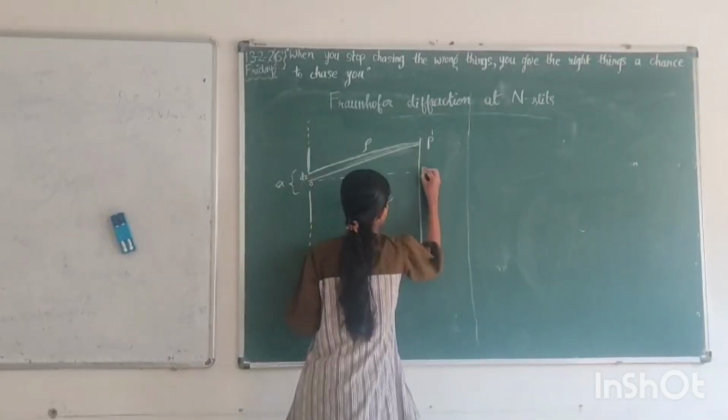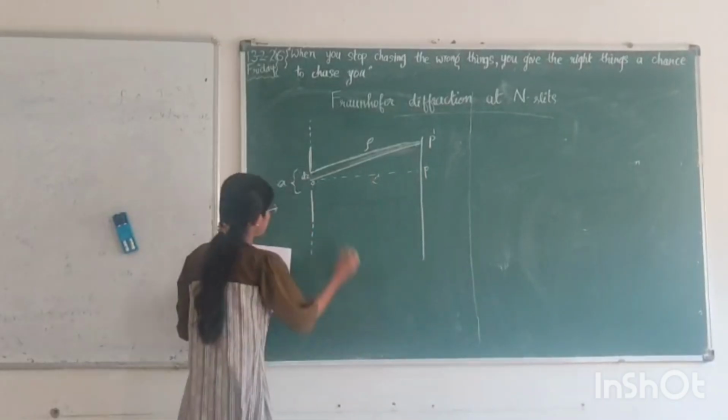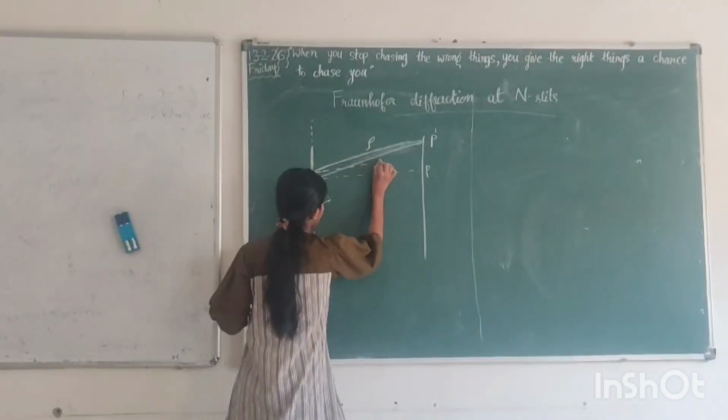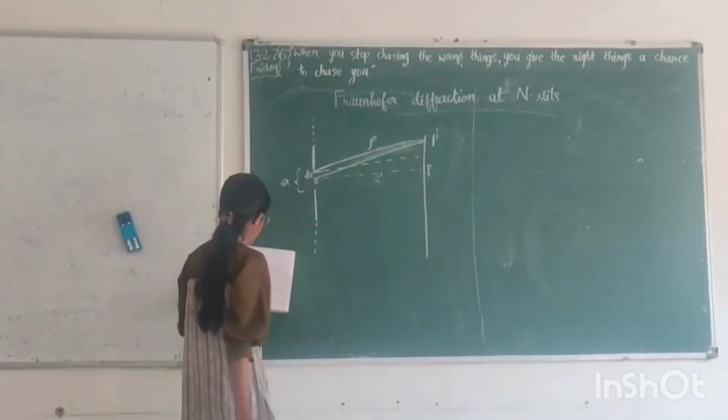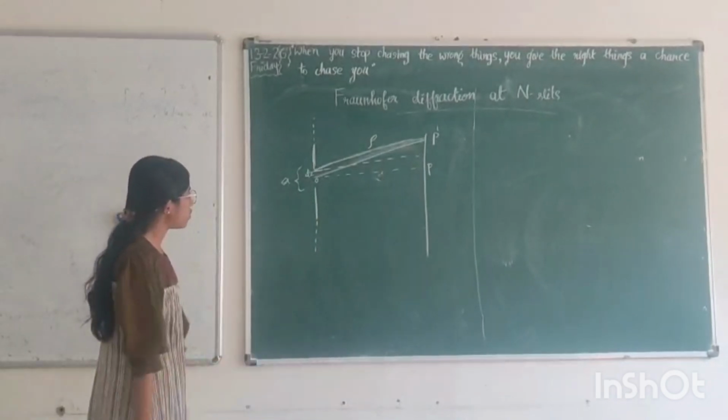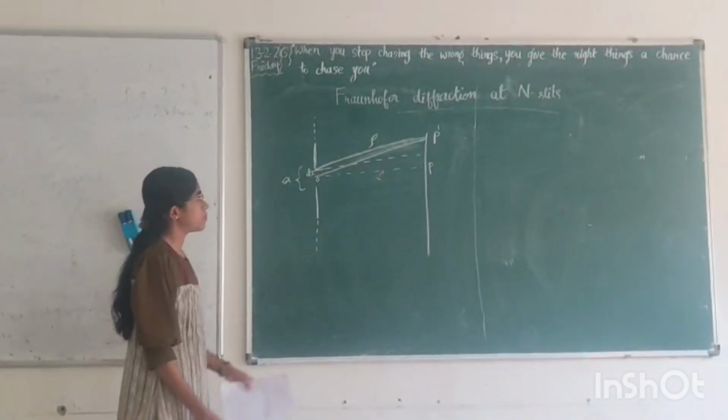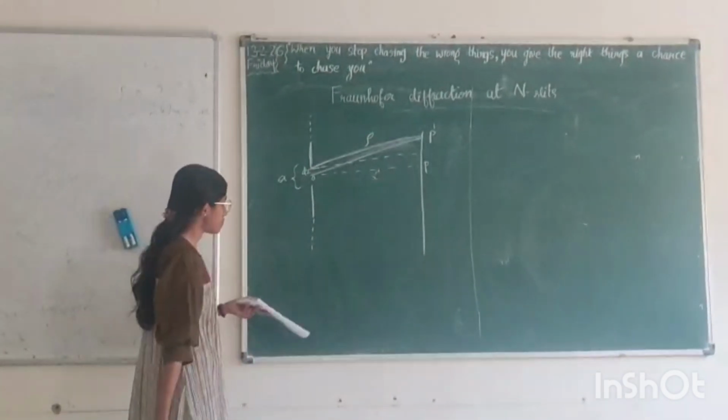This is P dash and this is P. Now we are finding the displacement at P dash.